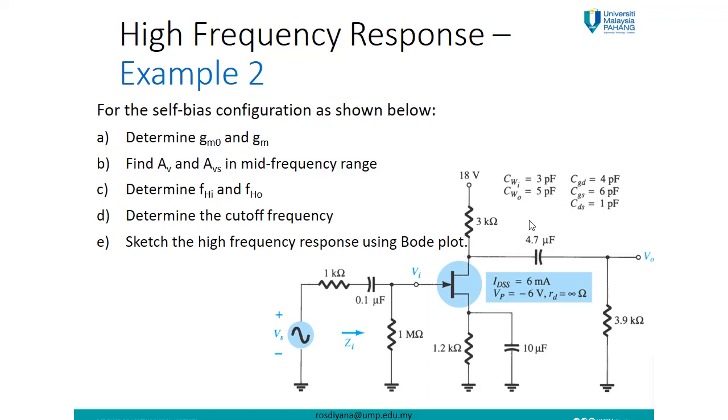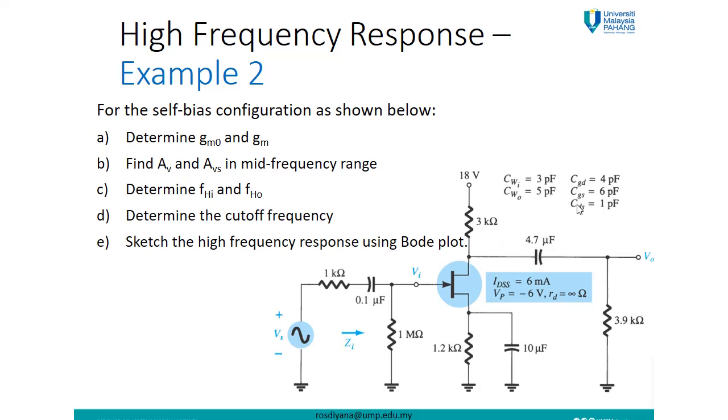Notice that in this circuit, the CGD, CGS, and CDS are not sketched in this area, but you must know where they are. Just remember the name of the terminal. CGD is located at G and D here. CGS is located here, at the G and S terminals, and CDS at D and S.